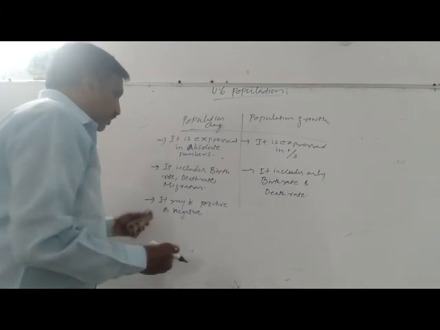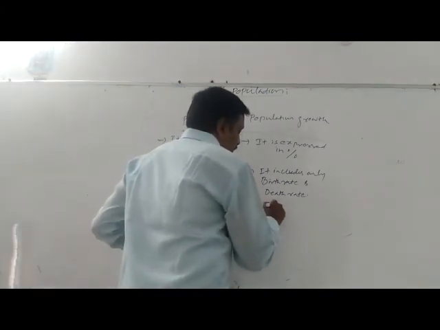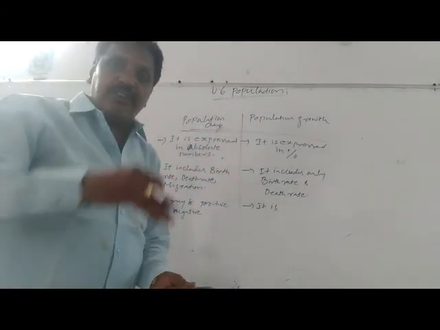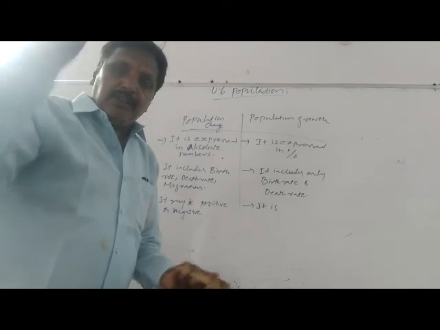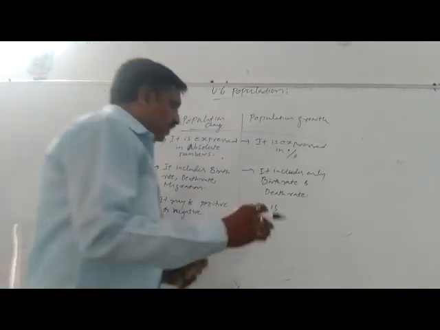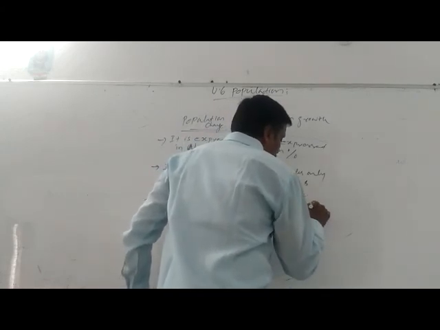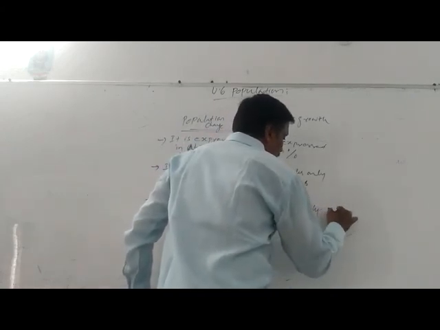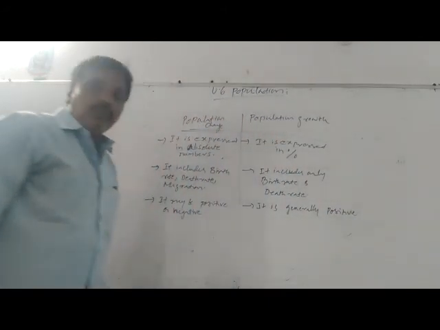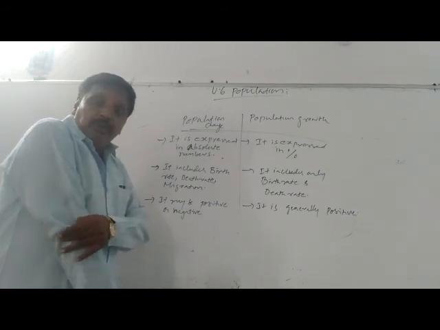So change may be positive or negative. Population growth is generally positive. When we say growth, there is an improvement, an increase. If it is not increasing, we can't say growth. Got it?